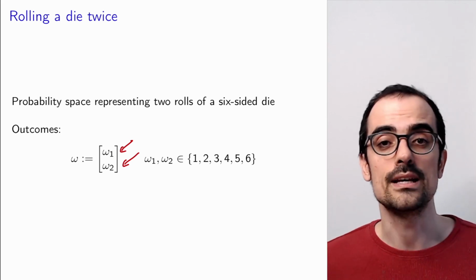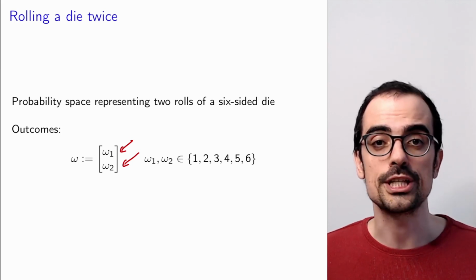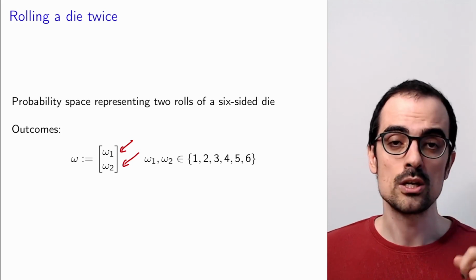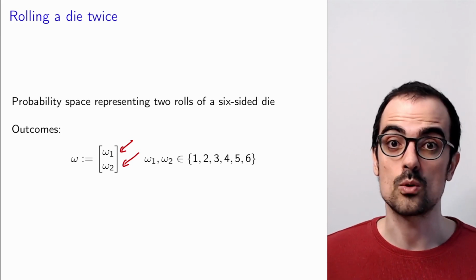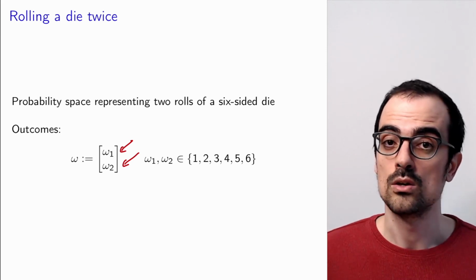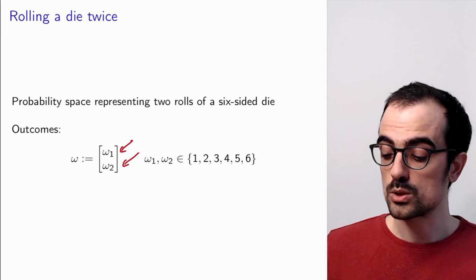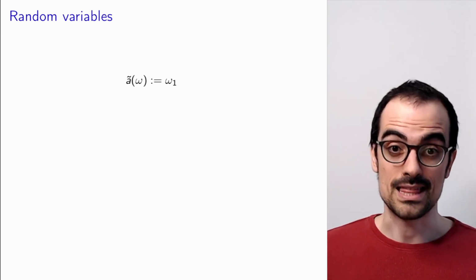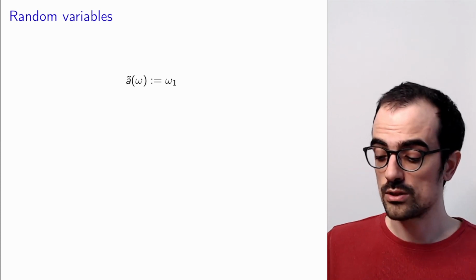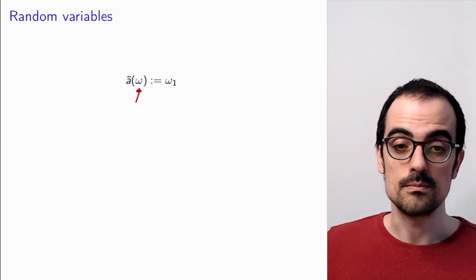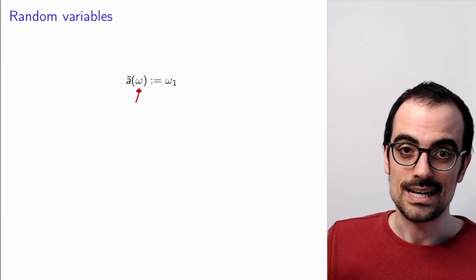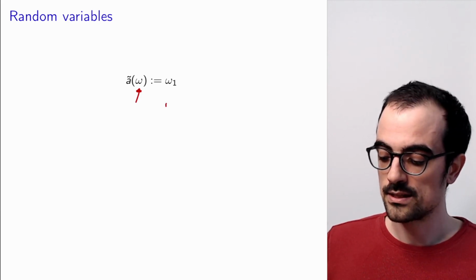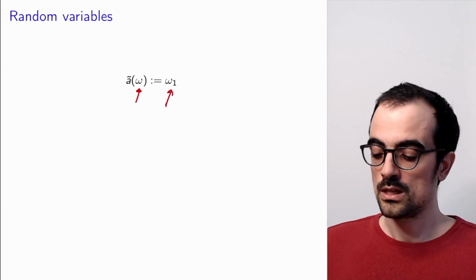Now we can define random variables associated to this probability space to represent uncertain quantities that we may be interested in. For example, a random variable could represent the result of the first roll. That random variable mathematically is a function from the outcome: it takes in an outcome and gives you a real number, in this case, the first entry of the outcome.